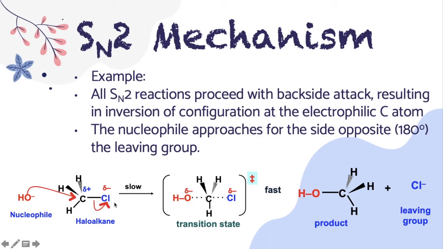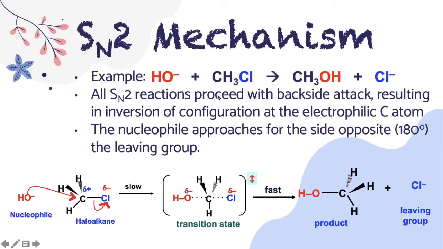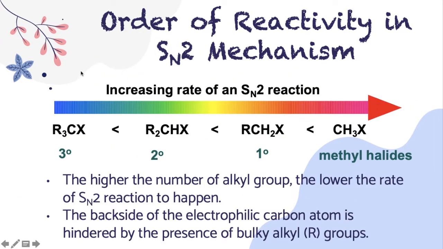Remember that reactant to transition state is a slow reaction, and transition state to product is a fast reaction. Order of reactivity in the SN2 mechanism. The higher the number of alkyl groups in the haloalkane, the lower the rate of the SN2 reaction.